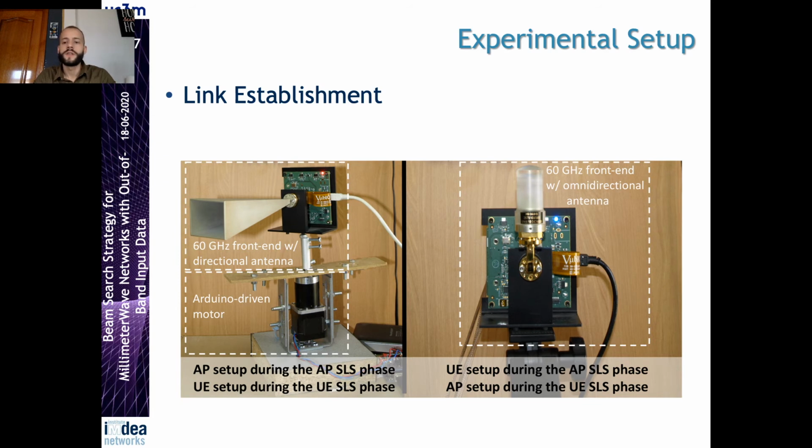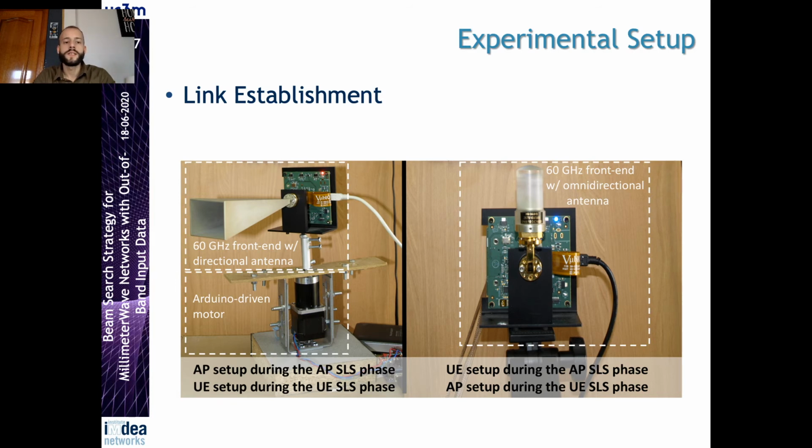The receiver is connected to a signal analyzer to measure the received power per beam. In the AP SLS, the access point uses the 60 GHz transmitter with a 7 degrees beam width, you can see on the left, while the user is connected to an omnidirectional antenna you see on the right. We then have the opposite configuration during the UE SLS.